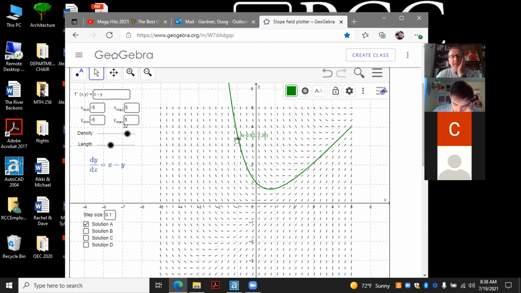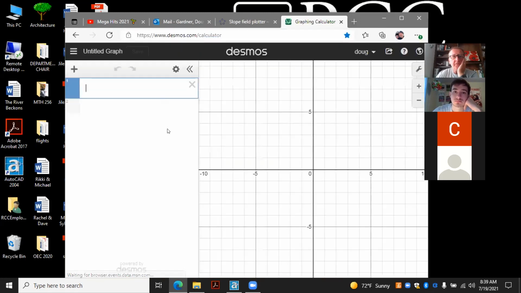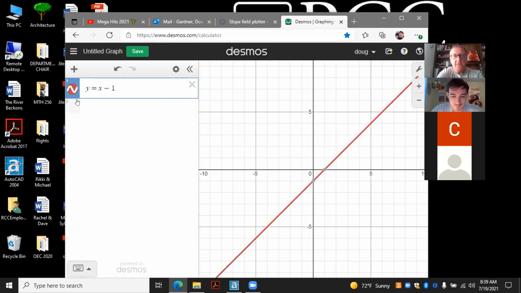And again, most of us would not look at this and say, hey, isn't that like x plus 1 with an e to the x term? That's what we said the answer was, right? That doesn't really make a whole lot of sense. Let's go to Desmos. Didn't we just get done saying that the solution to this was y equals x minus 1, which of course is a line?